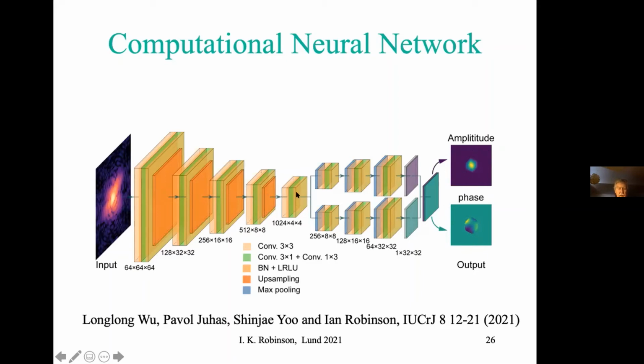So in the decoding stage, we have to expand it back out again into two separate channels, one for amplitude and one for phase, and then combine those together. We have asked if there is a complex version of the packages available. They're not yet available, but maybe one day they will be, and maybe we can do this all in one flow. But one of the reasons this is very popular now is that the computer hardware that's available with GPUs is actually very well suited to these processing operations.